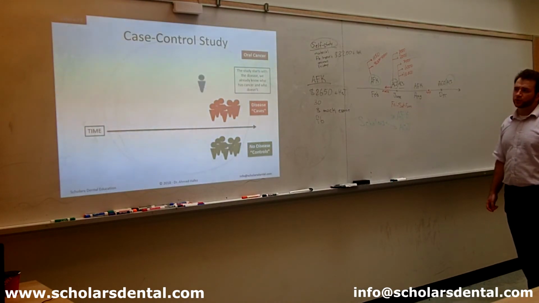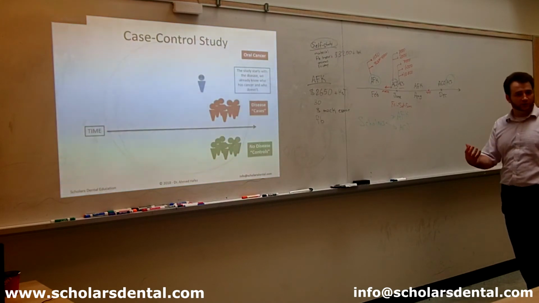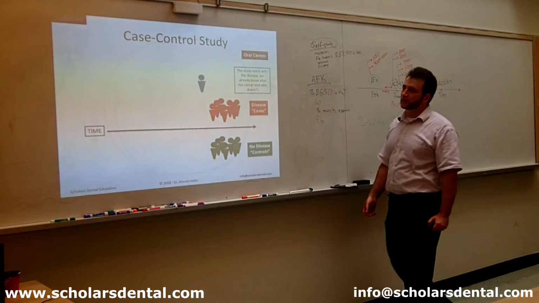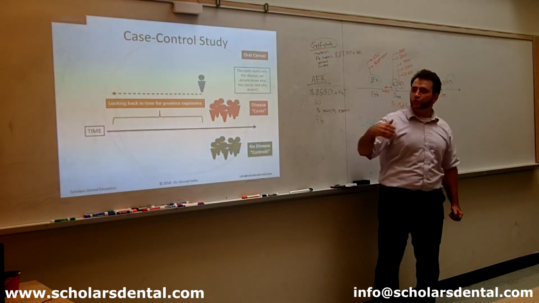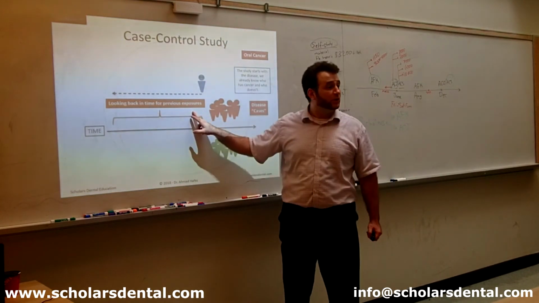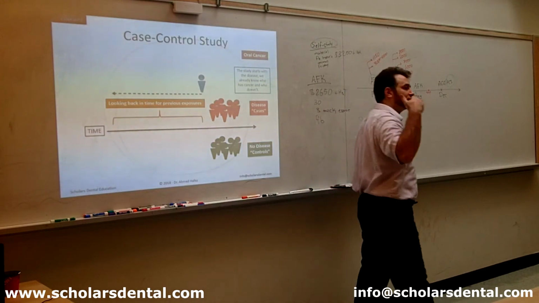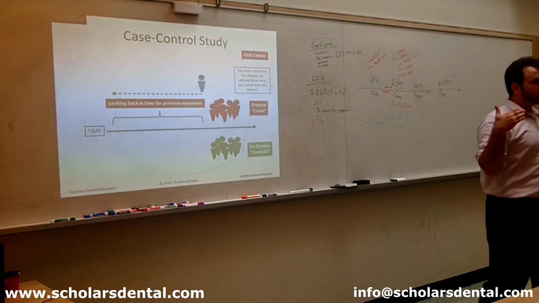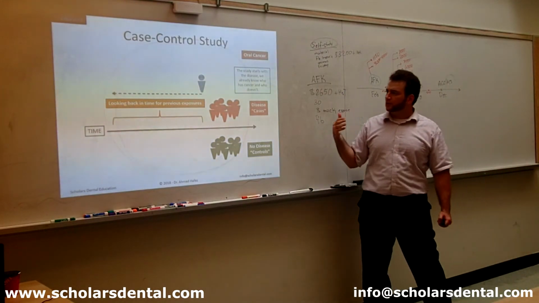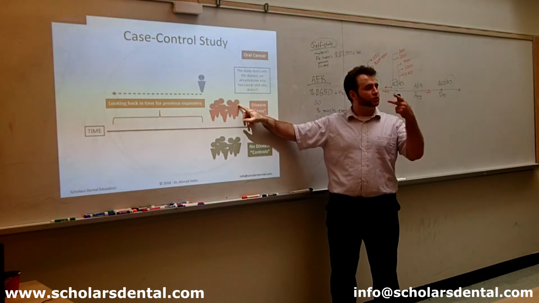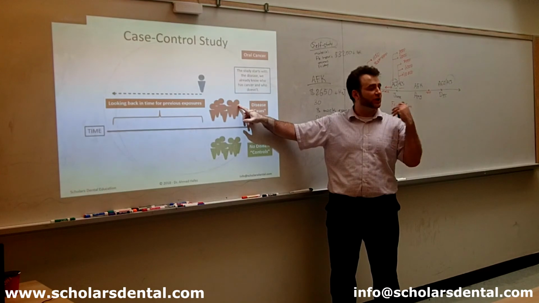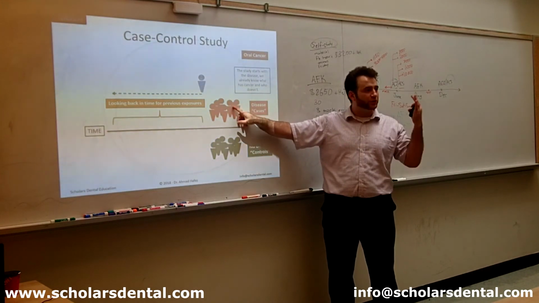And you, the researcher, what you're doing is that you're going to look back in time. You're looking back in time for previous exposures. So you're looking, okay, did you drink, smoke, did you chew tobacco, did you do this? You check all the exposures. What did you do?